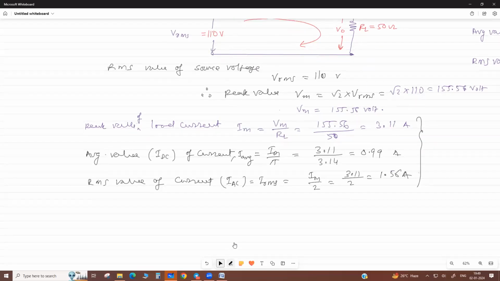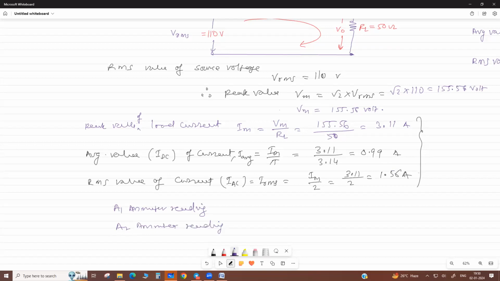So what is the reading of emitter A1, and the reading of emitter A2? It reads DC value, average value. That is 0.99 ampere.